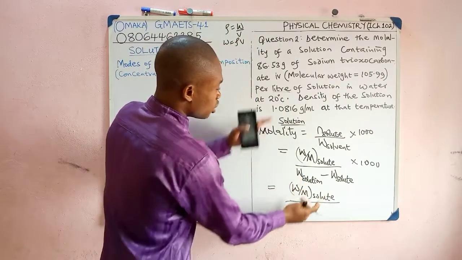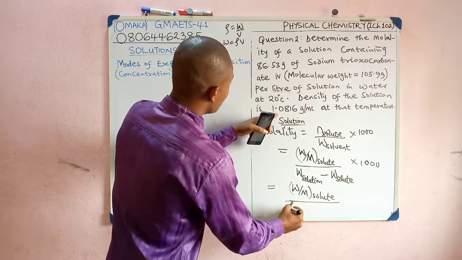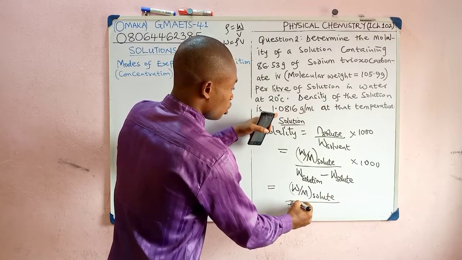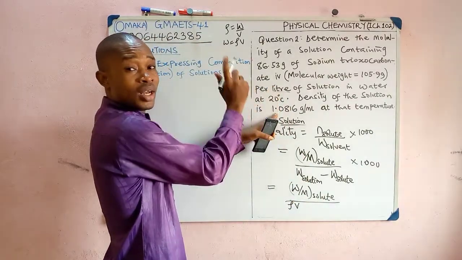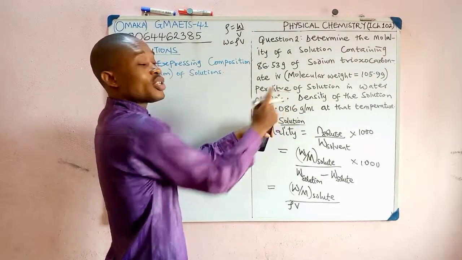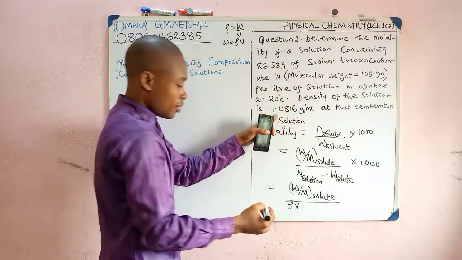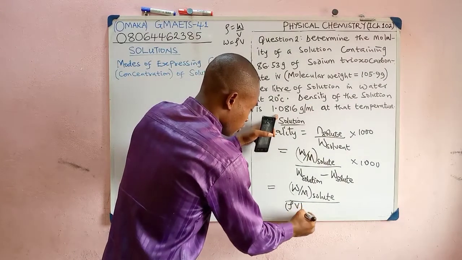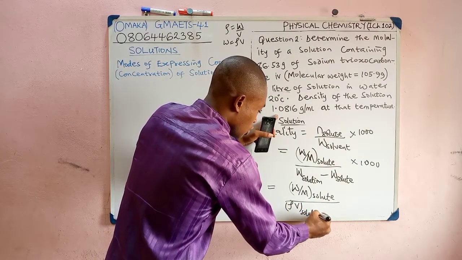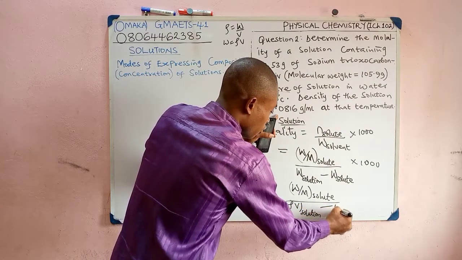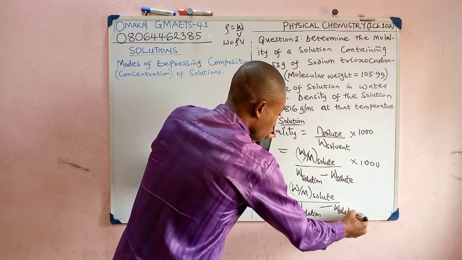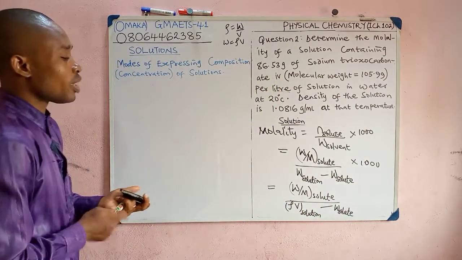In terms of weight of solution, it's going to be density of the solution times volume of the solution, which of course is 1 liter. You convert it to mL: 1 liter is 1000 mL. This is of solution. We're going to subtract the weight of solute from it, which we know from the question. So we can now use this formula to get our result.